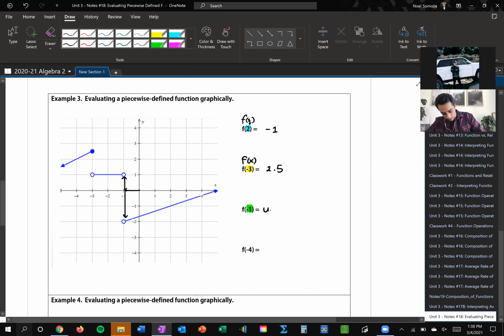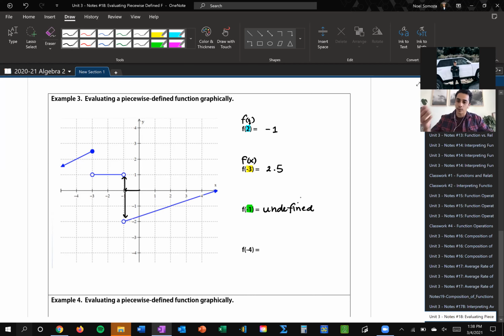Undefined. This one does not have a defined output. It has an open circle in both directions, so neither one of them gives me an output. All right, so I'm undefined. At -1, there's no defined point. Any questions there?